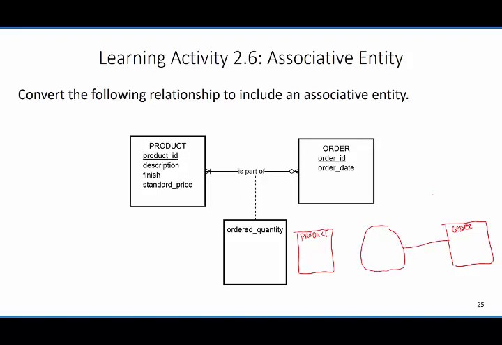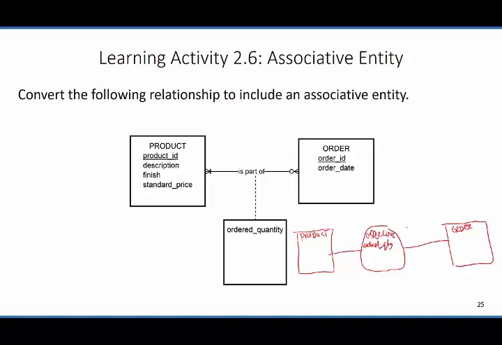I'm just not very good at drawing that apparently. And then we connect these together. Now what do we call this? Well, we could call it product order, or let's call it order line, meaning that each line item on an order has a product. And then attributes of order line include ordered quantity, which I'm going to abbreviate as QTY.